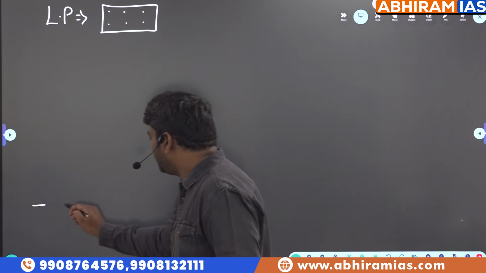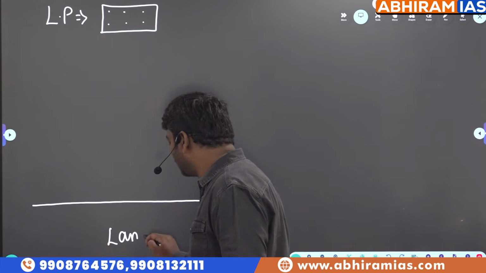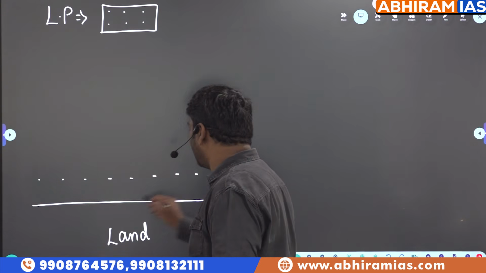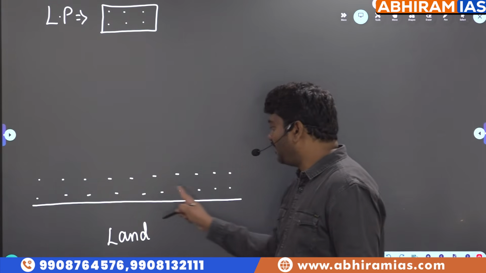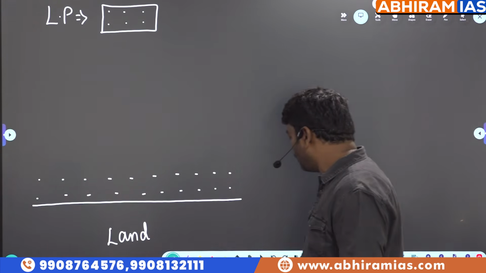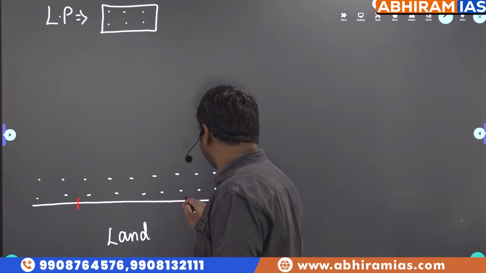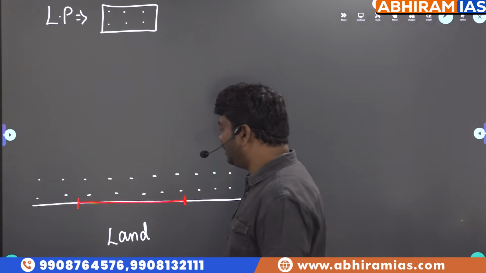Now, please see here. I have land. I am not considering atmosphere. I am talking about land. Now, above the land, we have air particles. Everywhere I have some air particles. Now, this particular area got heated.